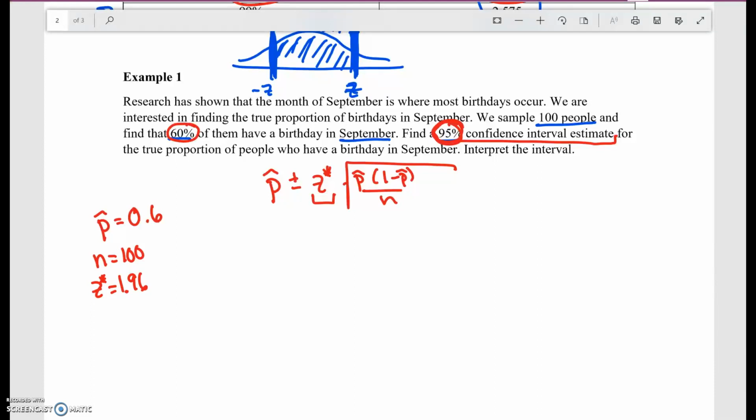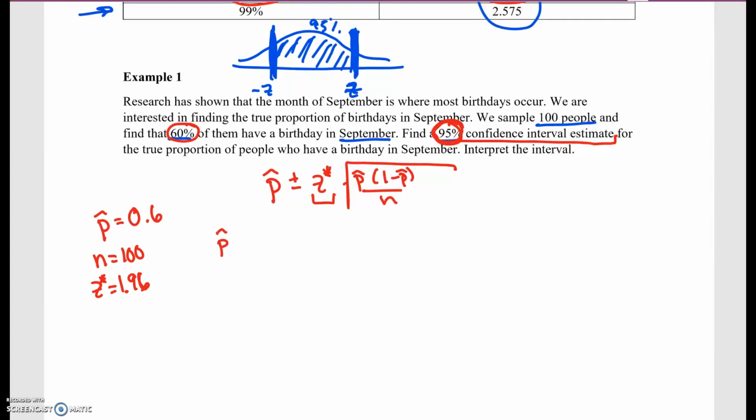All right, and now all we've got to do is just plug everything in. First, I'm going to do the plus: p hat plus z star square root of p hat (1 minus p hat) divided by n. And we're also going to do the other one, p hat minus z star square root of p hat (1 minus p hat) over n. I'm going to plug everything in.